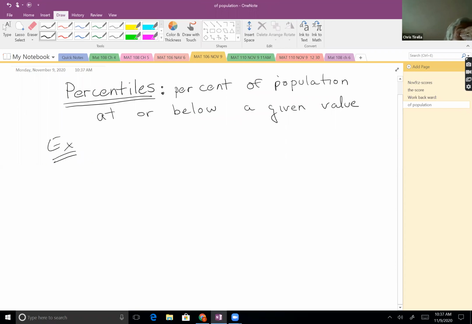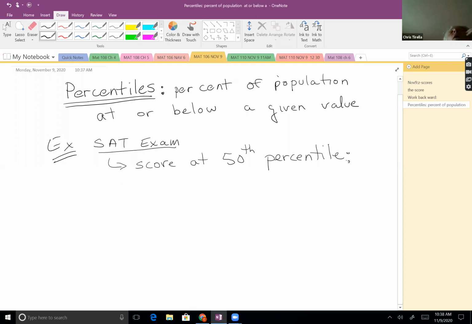Let's go back to that example of the SAT exam. On the SAT exam, if I, let's say, score at the 50th percentile, what does that mean?